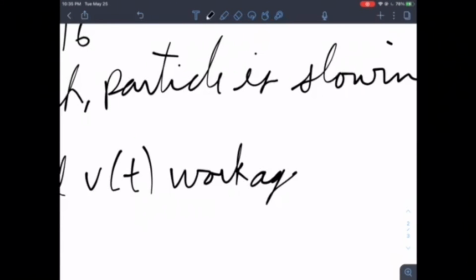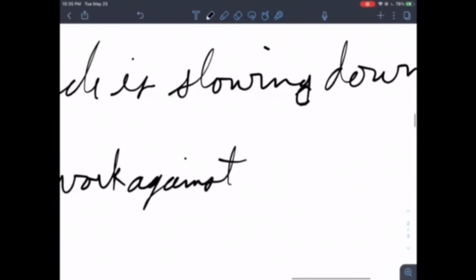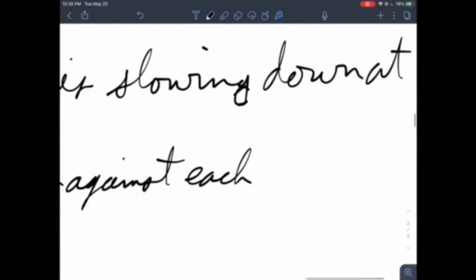They're fighting each other because one's going slower, one's going faster. So the particle is overall slowing down.